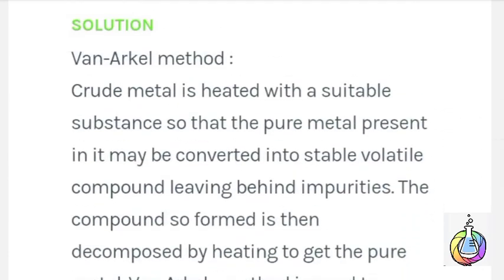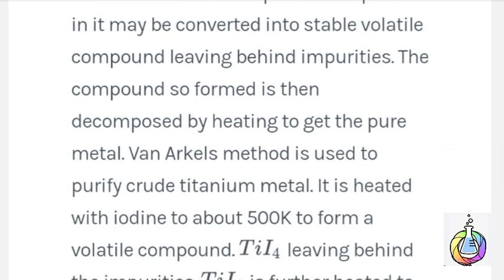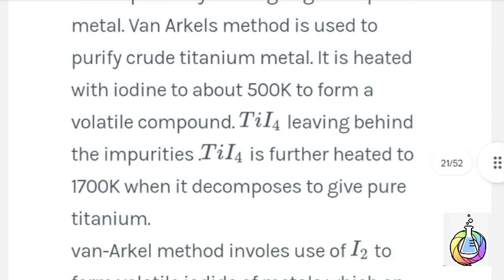The Van Arkel method: crude metal is heated with a suitable substance so that the pure metal present in it is converted into a stable volatile compound, leaving behind impurities. The compound so formed is then decomposed by heating to get the pure metal. When the Van Arkel method is used to purify crude titanium metal, it is heated with iodine to about 500 kelvin to form a volatile compound, TiI4, leaving behind the impurity.